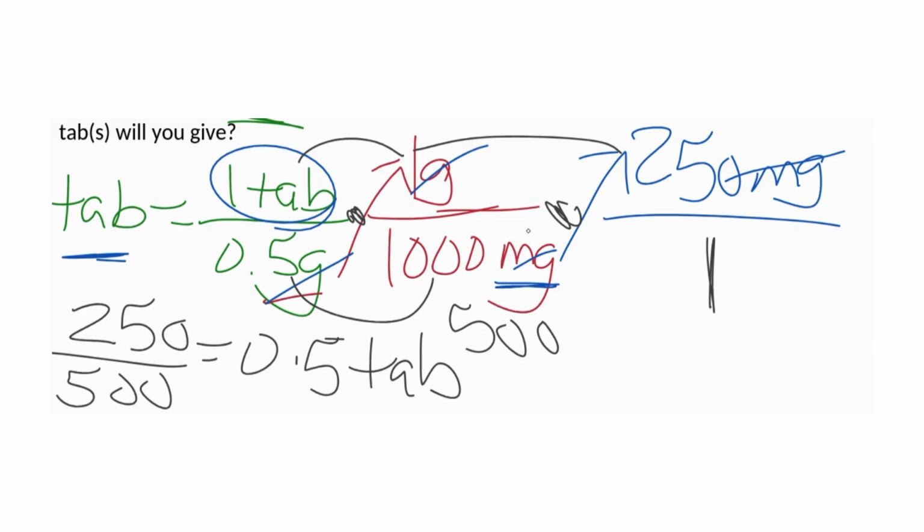Now you still could have went through this problem and did your D over H times Q. But as I said, as you advance in your calculation problems, you're going to be having a lot of formulas to use.